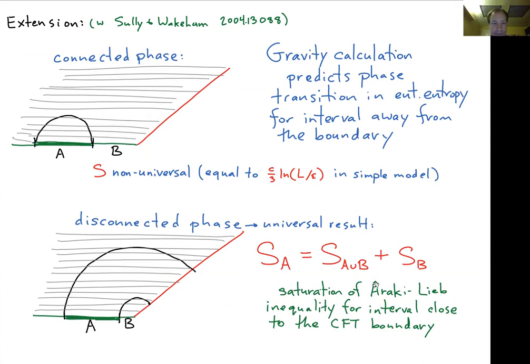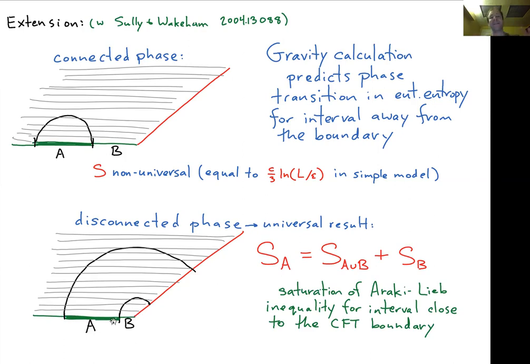Yeah, you can look at this equality here. The fact that S_A is equal to this plus this is saying that if this interval is close enough to the boundary, then you can understand the entanglement of the interval A with the rest of the system as being more or less localized entanglement between degrees of freedom here and degrees of freedom here, plus some entanglement between degrees of freedom here and degrees of freedom in this boundary region.